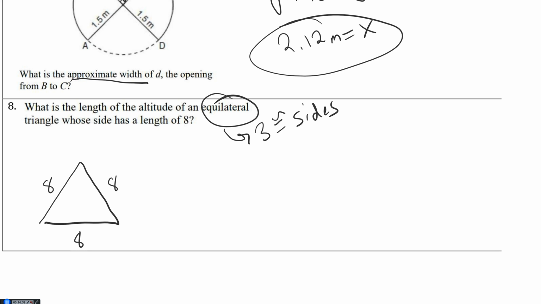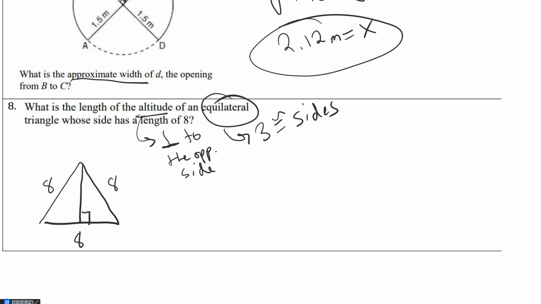And it says, what's the length of the altitude? Remember how important that vocab is. Altitude is perpendicular to the opposite side. So you could pick any vertex. I'm going to pick this top vertex right here. And I'm going to draw an altitude in that makes a right angle with that base.